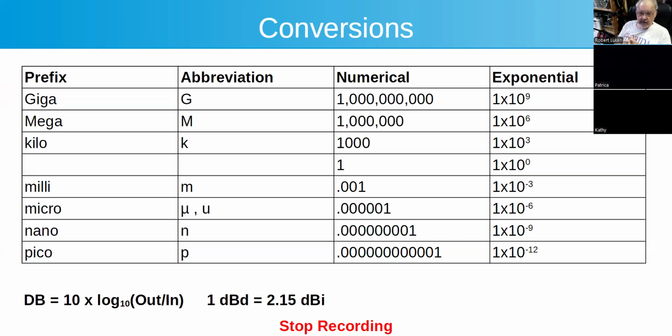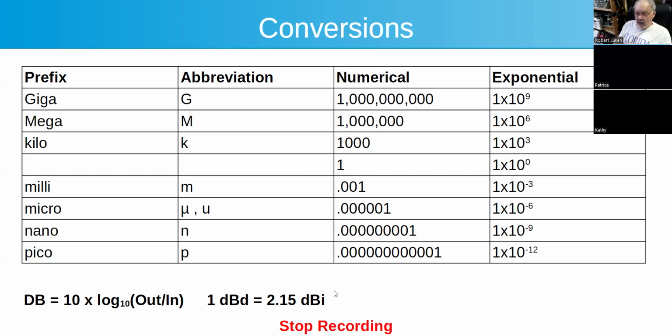Usually we're talking about capacitors when we talk about nanofarads and picofarads, where a picofarad is 10 to the minus 12th and a nanofarad is 10 to the minus 9th. When we talk about inductors, we're usually talking in the millihenries or microhenries, possibly nanohenries.